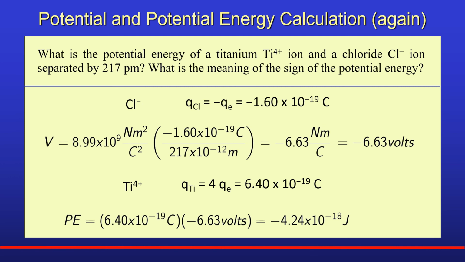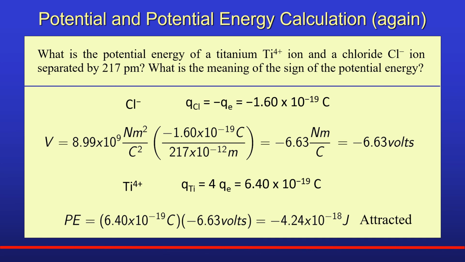There is the charge of the titanium ion, 6.4 times 10 to the minus 19, times the potential of the chloride ion, minus 6.63 volts. We obtain the same answer we obtained before, minus 4.24 times 10 to the minus 18 joules. The minus sign, of course, means the ions are attracted to one another.